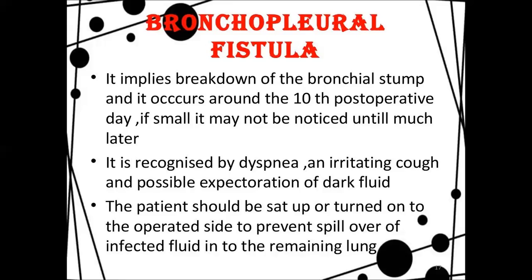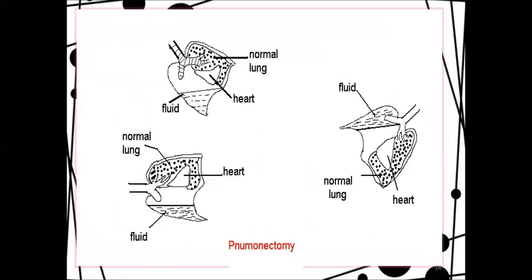The patient should be sat up or turned onto the operated side to prevent spill over of infected fluid into the remaining lung. You can see the picture of pneumonectomy: a normal lung, the heart, and there is fluid.